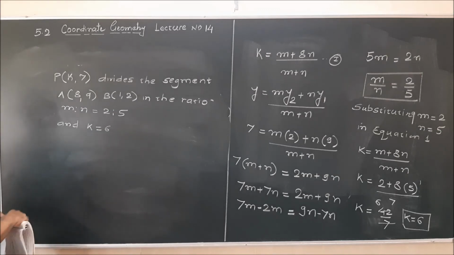So please see that point P divides the segment AB in the ratio m is to n, 2 is to 5, and k is 6. This way you must write the answer.